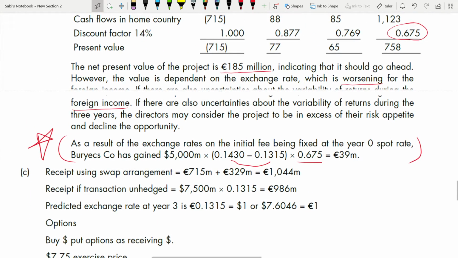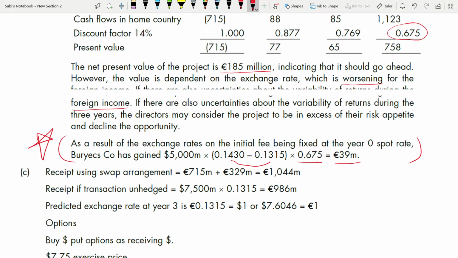If the spot rate had worsened, it would have reduced your receipt. But thanks to having fixed it at year 0 spot rate, you are gaining, right? That's why you are multiplying this by 0.675 in year 3, discounting it back to year 0 to find the gain. And this is the gain.